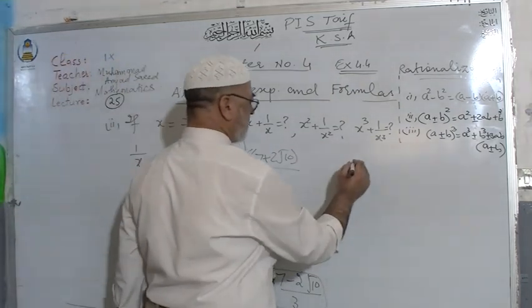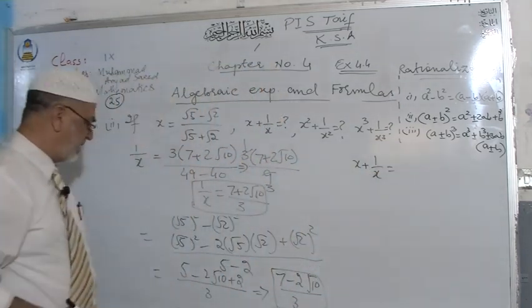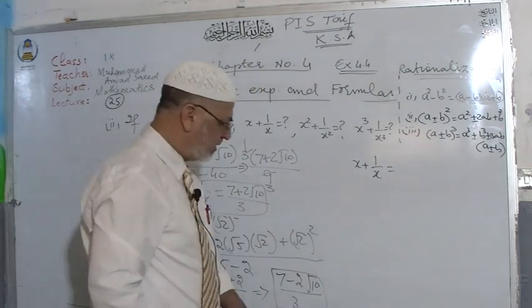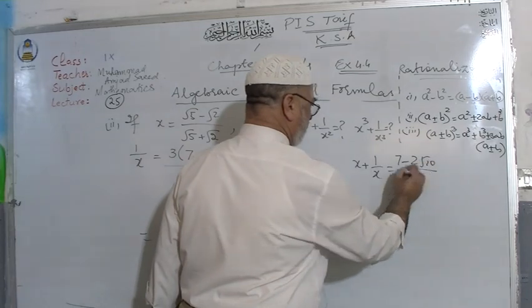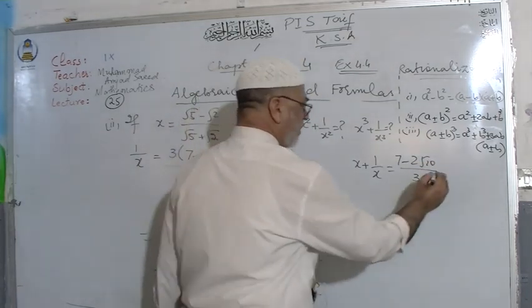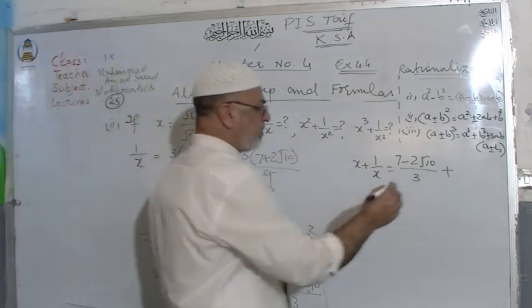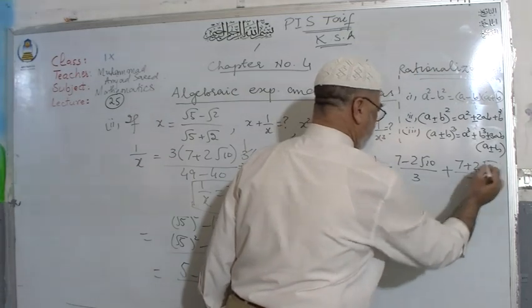What is your first? x plus 1 over x. What is the value of x? This is the value of x: 7 minus 2 into 10 under root over 3, plus 1 over x value is 7 plus 2 into 10 under root divided by 3.